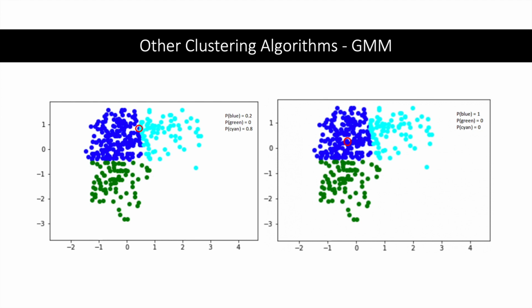So how does GMM work? Gaussian mixture models assume that there are a certain number of Gaussian distributions, and each of these distributions represents a cluster, and that's why a Gaussian mixture model tends to group the data points belonging to a single distribution together.